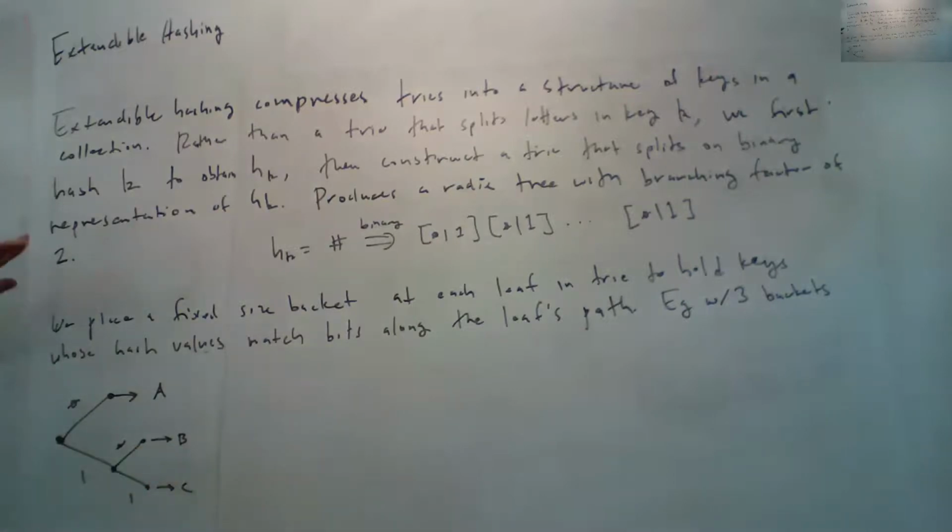So what I'm saying to you is that when I looked at the hash values for the keys stored in this particular hash table, we don't know how big A, B, and C are, but for the hash values, when I looked at the first bit, that was enough for me to differentiate everything that starts with 0 fits in A. Everything that starts with bit 0 fits in A. Everything that starts with bit 1 didn't just fit in a single bucket, so I had to go to the next bit. So everything that starts with 1, 0 fits in bucket B, and everything that starts with 1, 1 fits in bucket C. Okay?